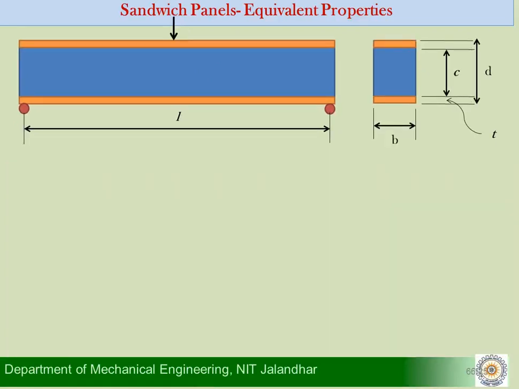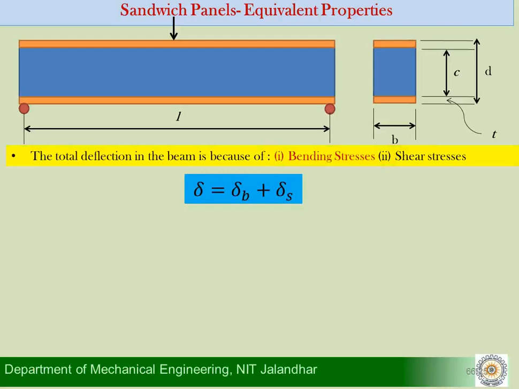I continue with the same analysis of a 3-point bending in a beam, and we said the total deflection here is delta, and it is composed of two portions, delta B and delta S. Delta B is because of the bending stresses, and delta S is because of shearing. And what is delta B?